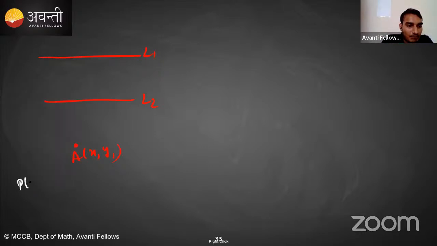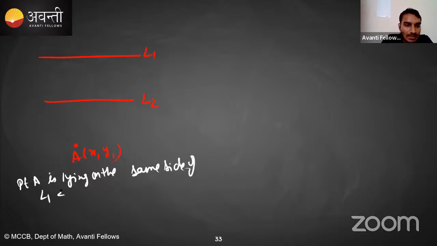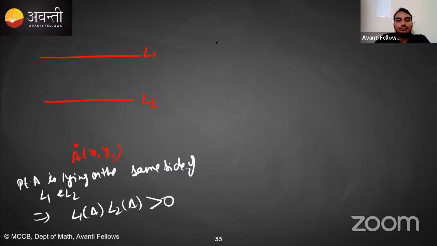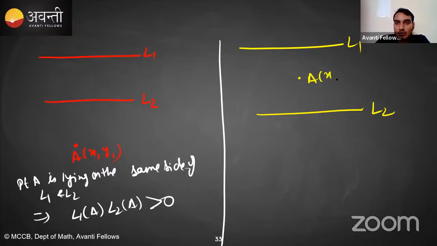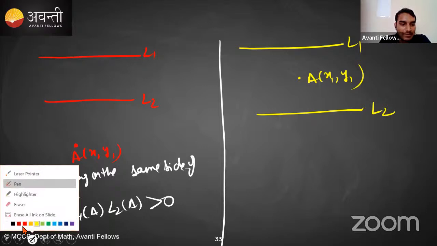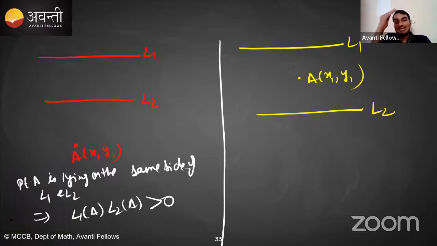Point A is lying on the same side of L1 and L2. So it implies L1(A) into L2(A) will be greater than 0. Is this clear? And similarly, let's say this is L1, this is L2, and this is your point A, which is (x1, y1). Now with respect to L1, point A is lying below L1.